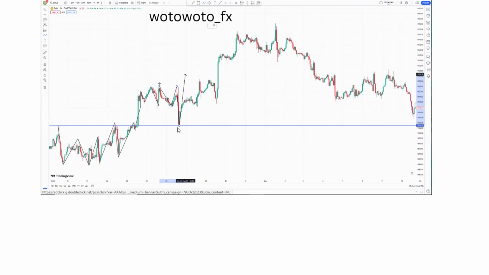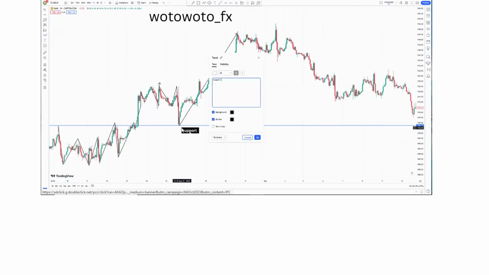Former resistance. And when it tested here, before you know it, price now bought to this upside. I don't know if you get. So here is now a support level. Let's just call it support.